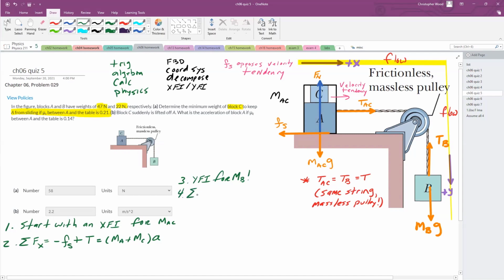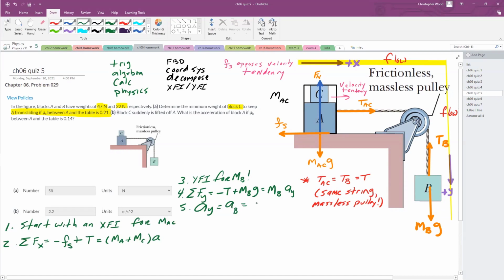I have the sum of all Y forces acting on block B. If I look at block B, I've got negative T, because that tension is going upward, and upward is now called negative, plus the weight force, MBG, equals MB times A sub Y. Say something about acceleration: A sub Y is the acceleration of block B.